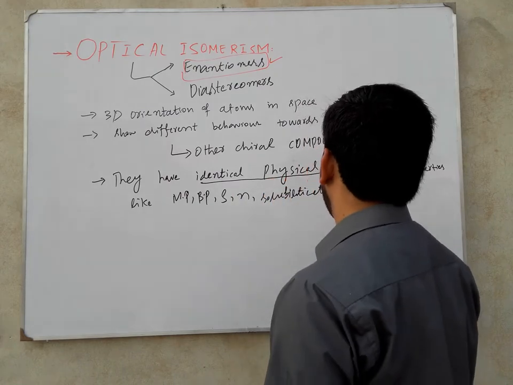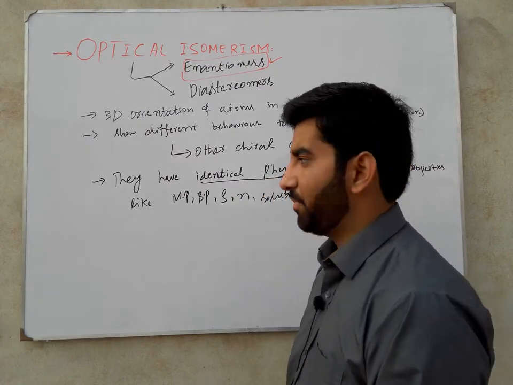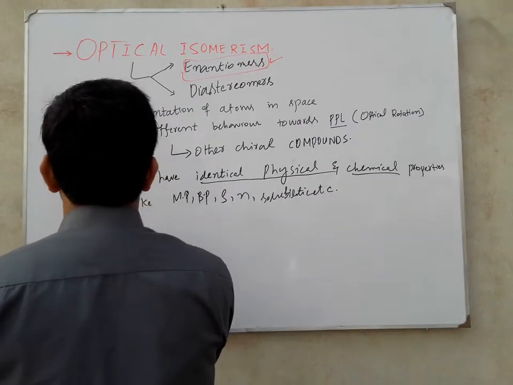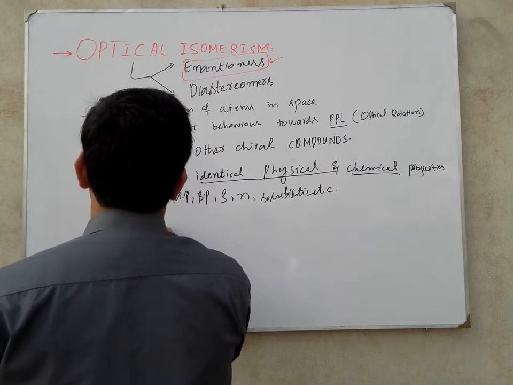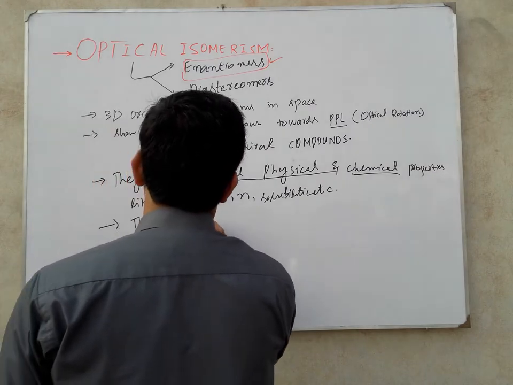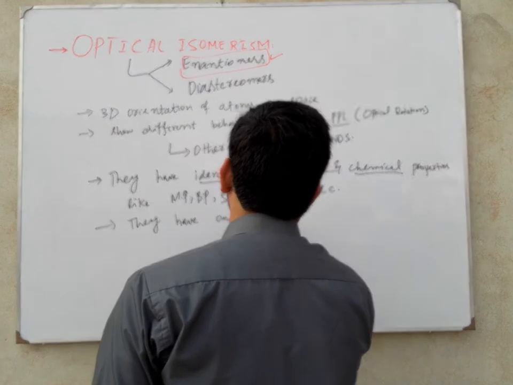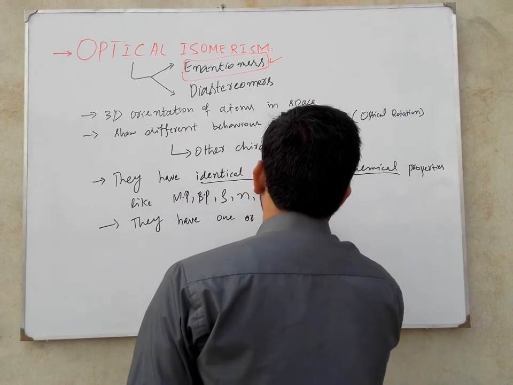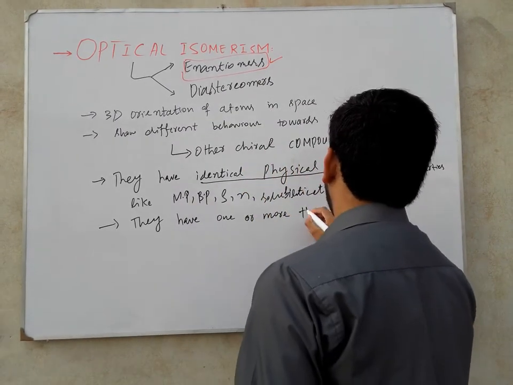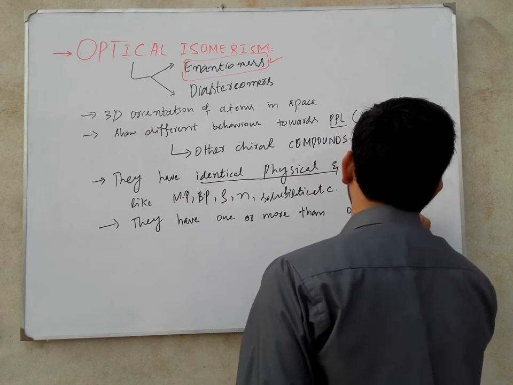Enantiomers have identical physical and chemical properties. Enantiomers have one or more than one stereocenter.